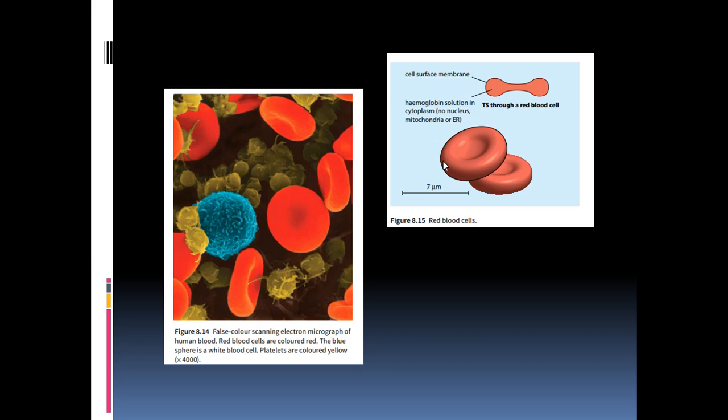And being flexible means that red blood cells can still squeeze themselves inside these capillaries, even though they are relatively smaller. And red blood cells do not have a nucleus, they do not have mitochondria or even the endoplasmic reticulum. Having less organelles means that they can fit in more hemoglobin to maximize the amount of oxygen that they can carry.